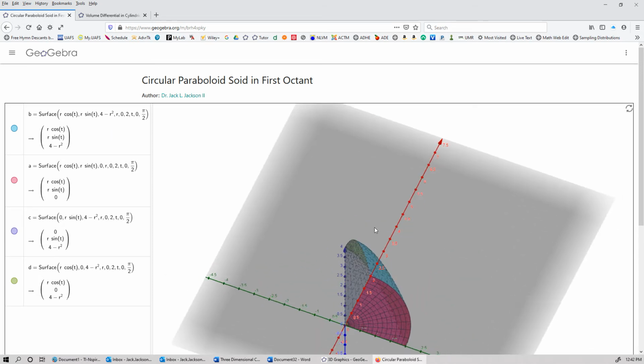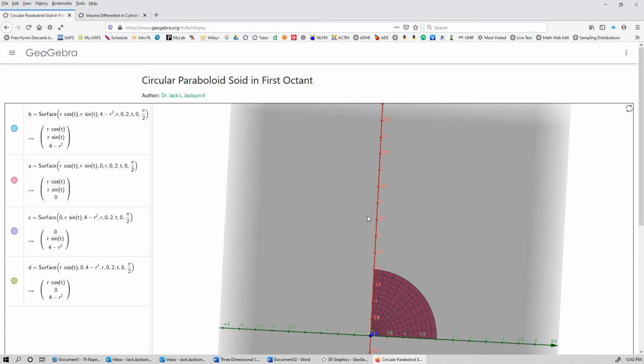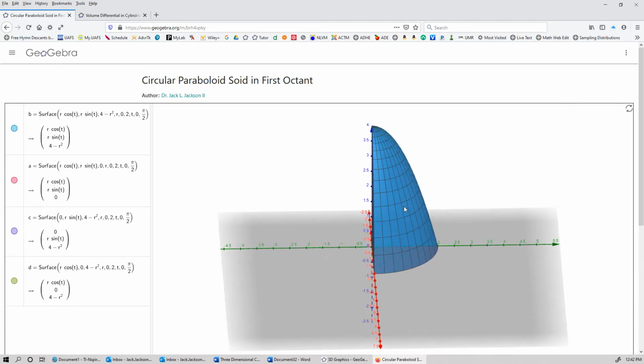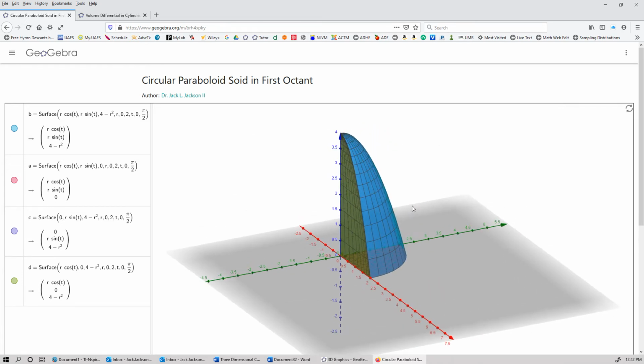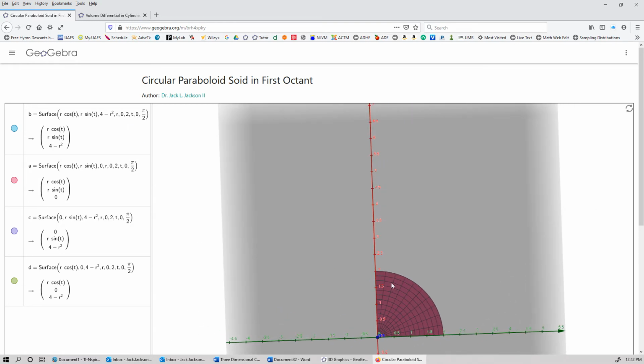When you project this thing down on the xy plane, you get a circle of radius 2 and the inside of a quarter of it, right? And so we can see that r is going to run from 0 to 2 and t is going to run from 0 to pi over 2.